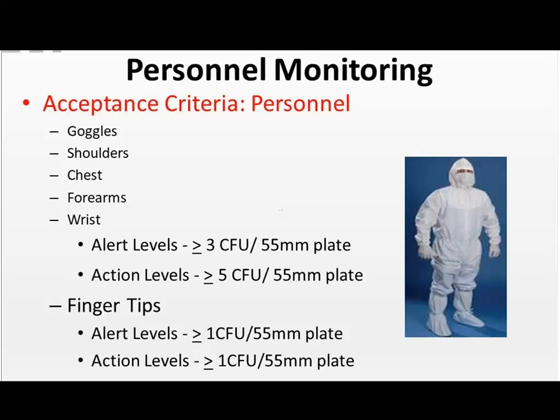So in an aseptic environment, you need to have zero growth, if possible, or zero bioburden, particularly on your hands, the product contact areas. This is why the alert levels are so low. You also want to bring in as little or no contamination on your body as possible, and this is why the alert and action levels are so low for personnel monitoring in the aseptic environment, for their uniform or their coveralls as well.